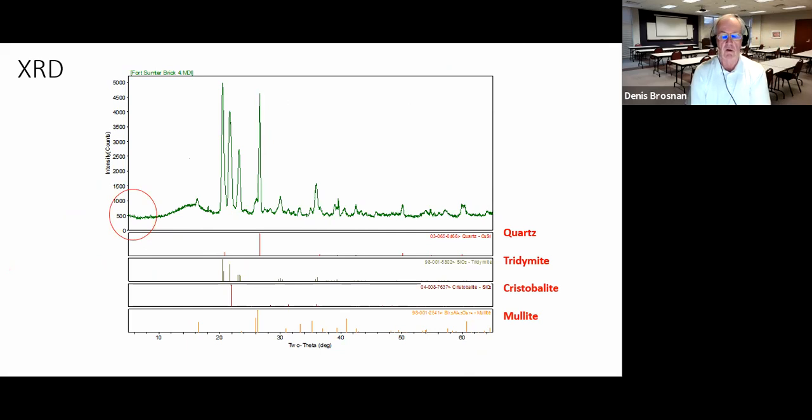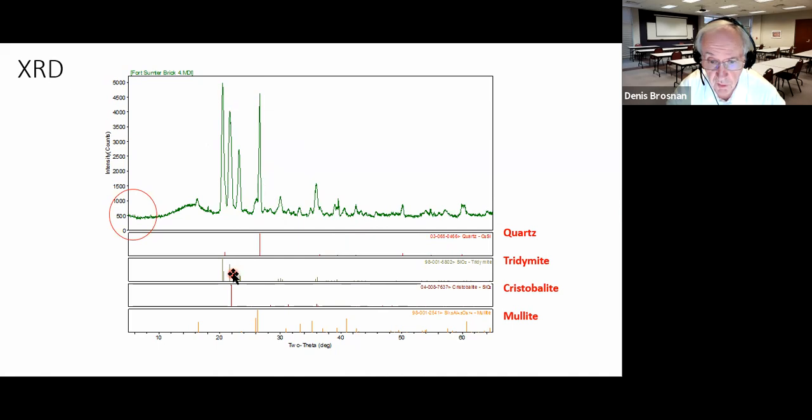When you subject a fired brick to X-ray diffraction, as I've shown here, and there's the diffraction pattern, meaning the X-rays were directed in certain ways by the crystals within the fired product, and we get peaks in certain areas, and some of those peaks are due to quartz, of course.